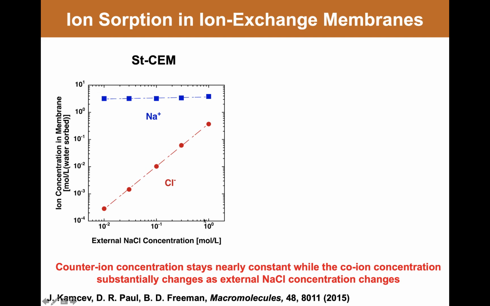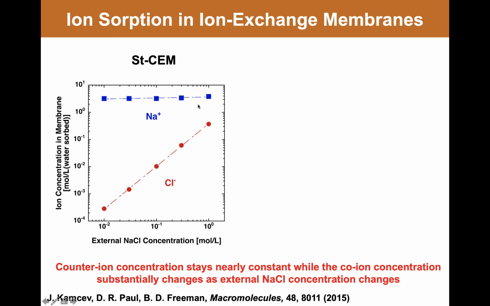And so what's happening here is that these styrenic cation exchange membranes are being soaked in sodium chloride solutions of different salt concentration, and then by several experimental techniques, one can go in and count or measure how many sodium ions are in the membrane at equilibrium and how many chloride ions are in the membrane at equilibrium. Those values are plotted here.